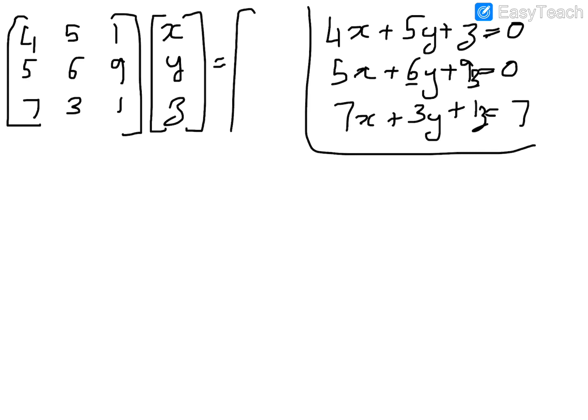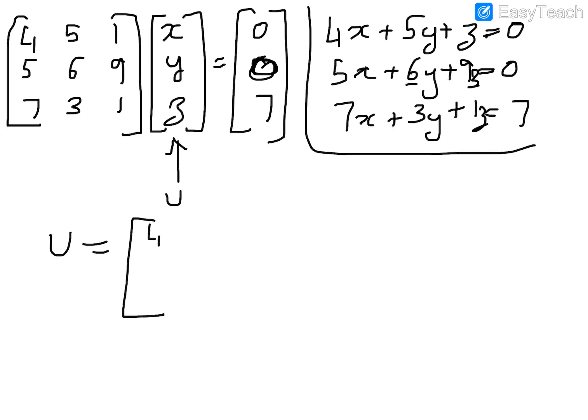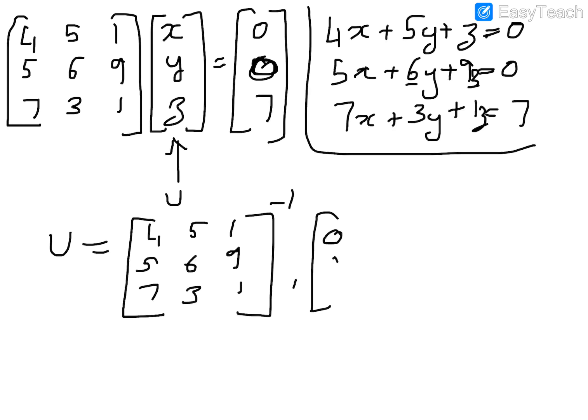And it's going to have the right hand side of the equation, which is 0, 0, 7. So you need to find the values of this unknown matrix. So it will be nothing but the coefficient matrix, which is 4, 5, 1, 5, 6, 9, 7, 3, 1, inverse times 0, 0, 7.